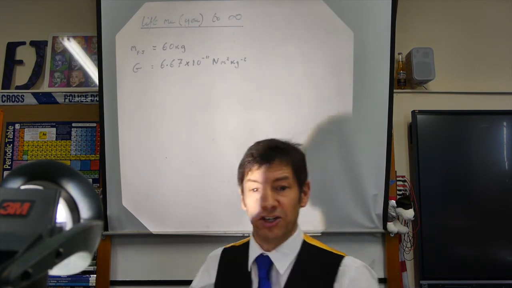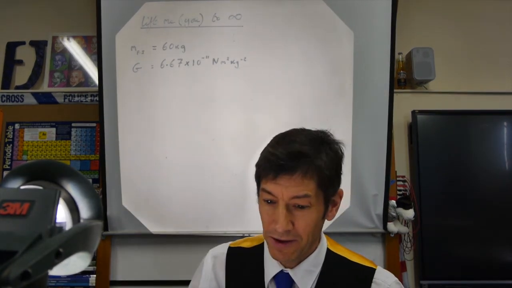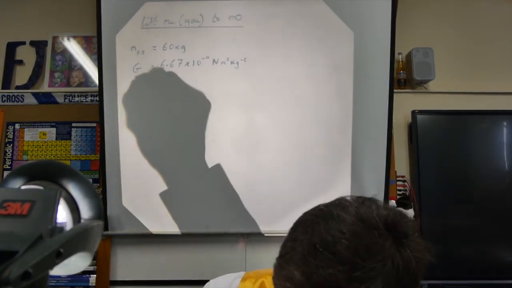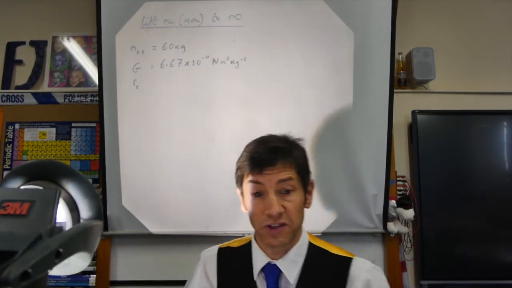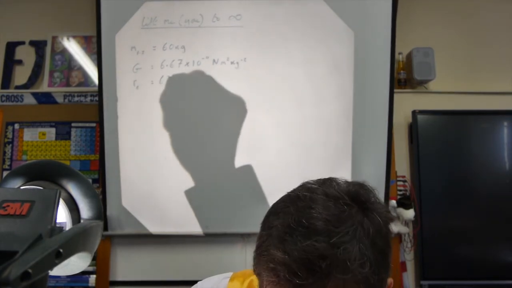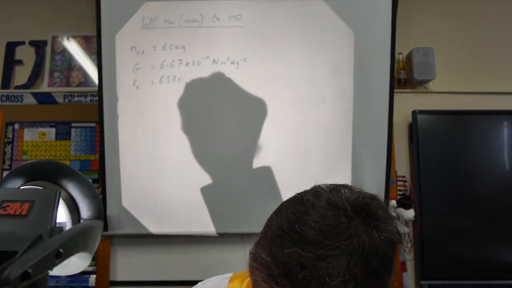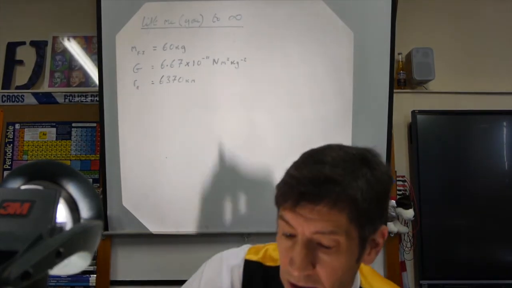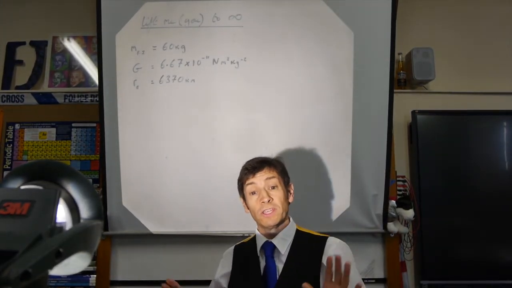I find it hard to visualize what those units mean. Remember that the radius of the Earth, I'm going to start off from the Earth's surface, is just over 6,000 kilometers, 6370 kilometers. Remember that's in the wrong units for us.